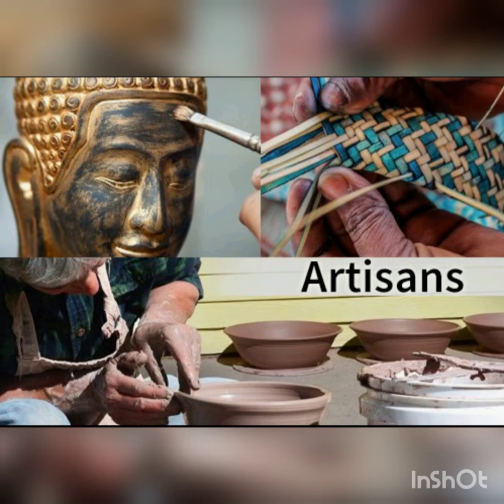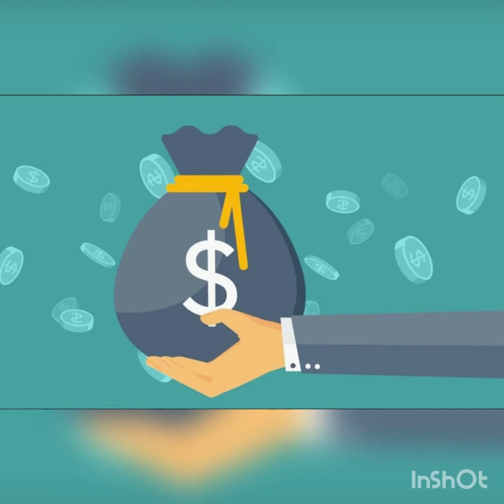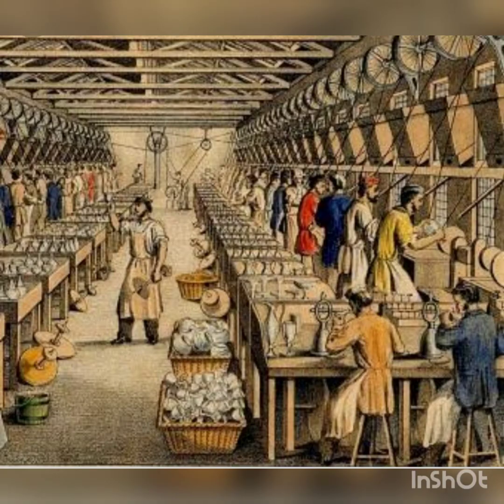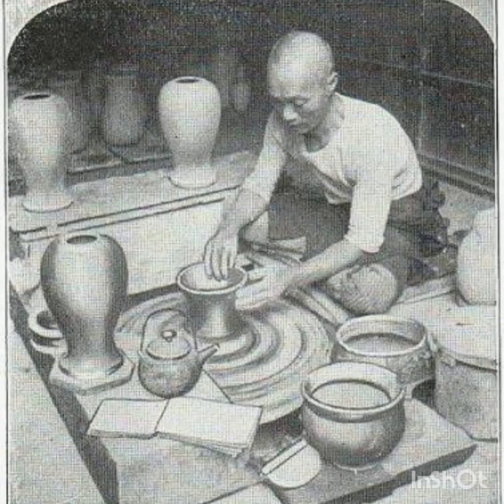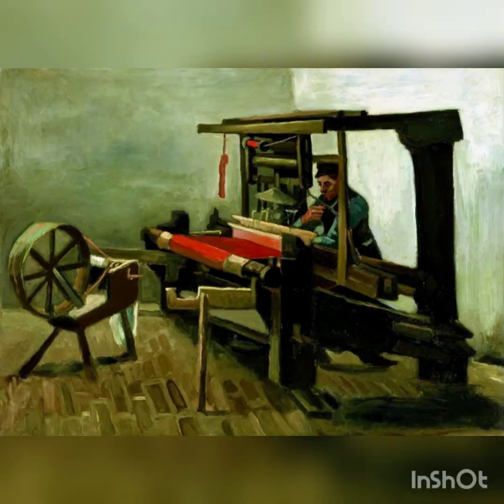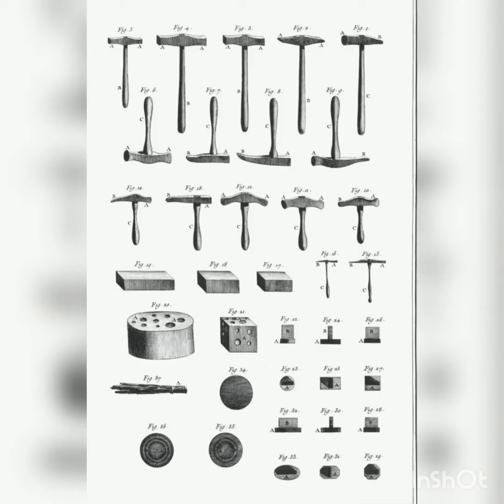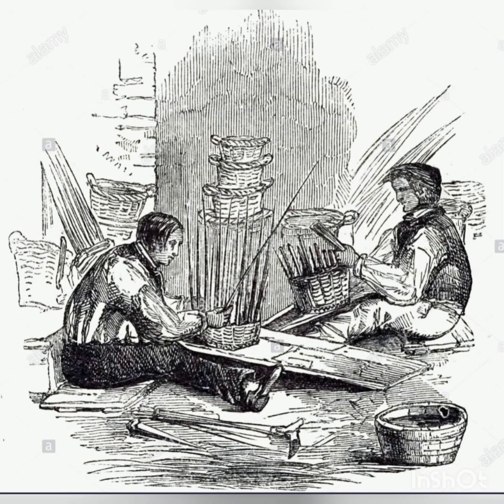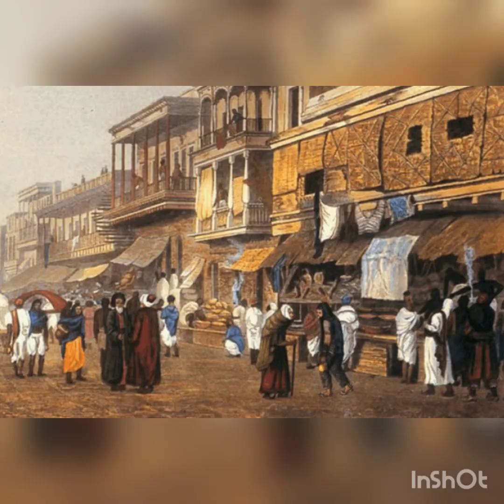Artisans living in towns had to pay taxes either in cash or kind or work free for the king. Some of the various craftsmen in the cities were potters, blacksmiths, weavers, goldsmiths, basket makers, etc.